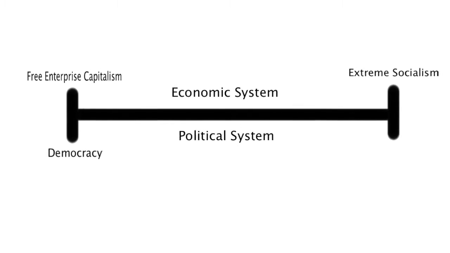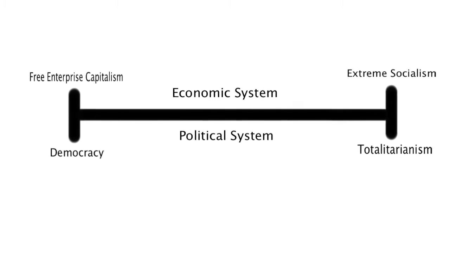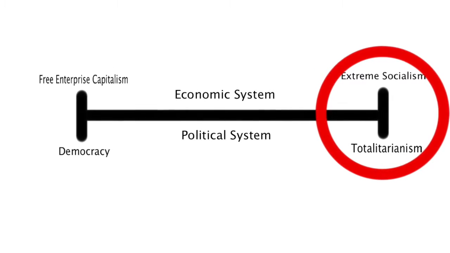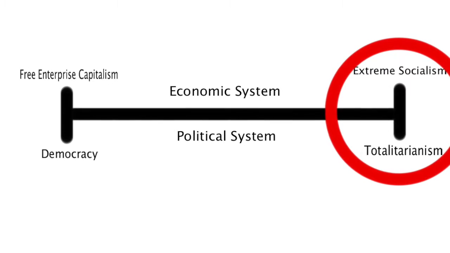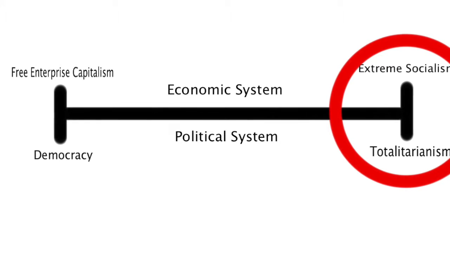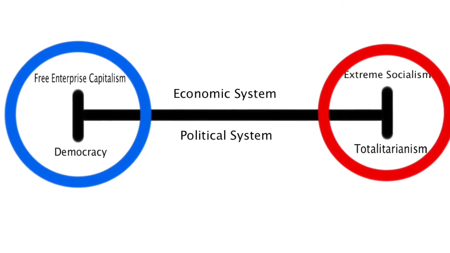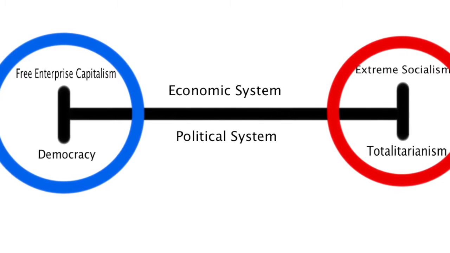In this spectrum, you have democracy on one side and totalitarianism on the other. Communism is the beautiful marriage of totalitarianism and extreme socialism, while capitalism, as we think of it at least, is capitalism and democracy.